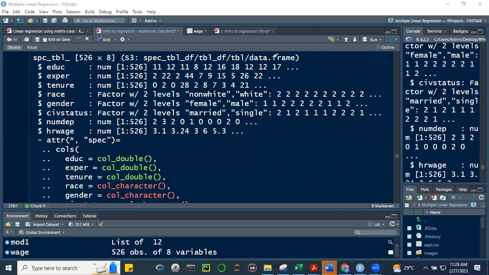I-annotate ko na muna to. So what will happen behind the scene is that R will convert our factor into a dummy variable. So for example, tingnan natin si race. No? Ang default ni R ganito. Tinitingnan niya non-white tsaka white, no?